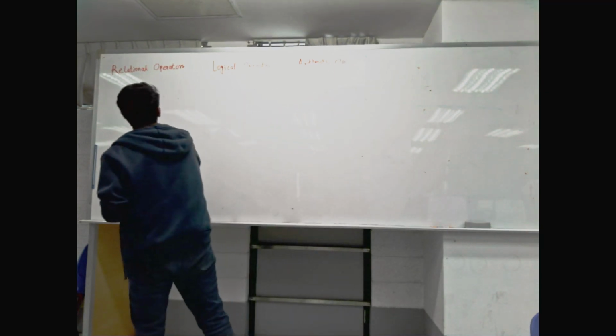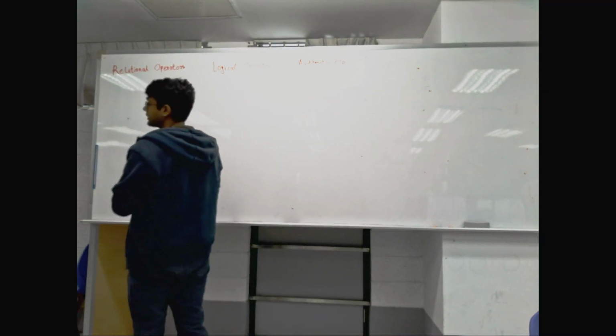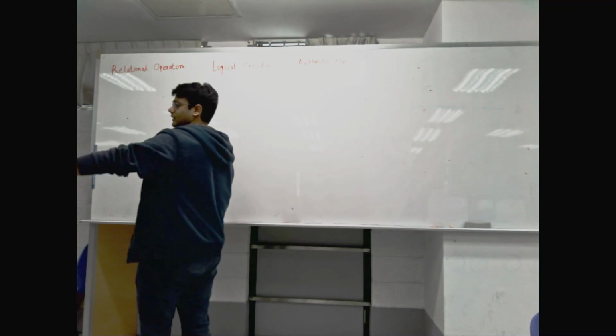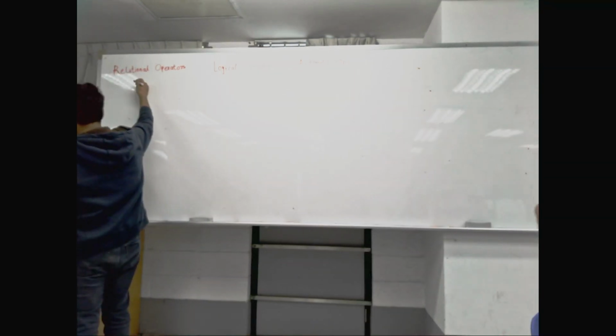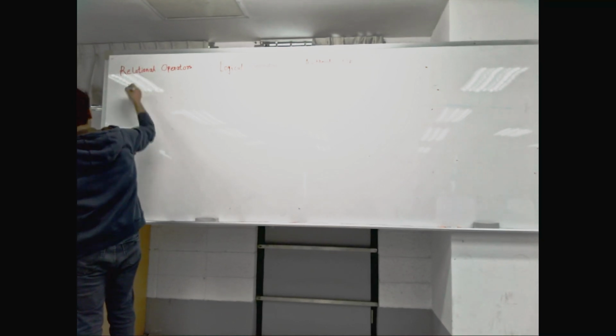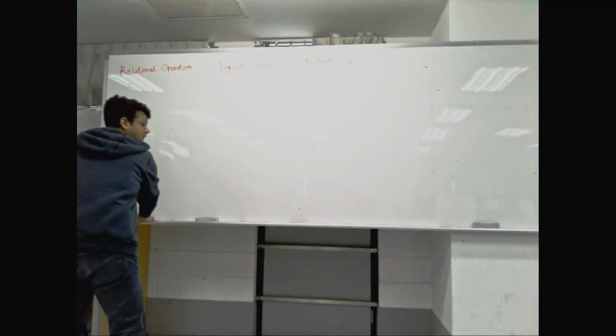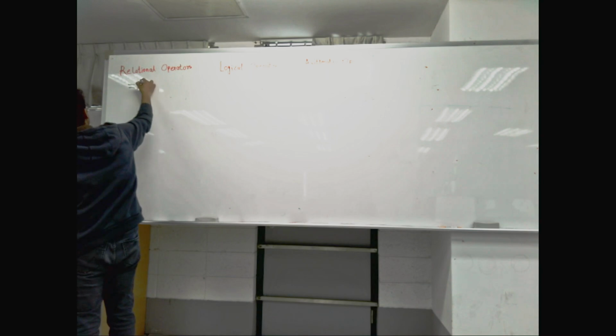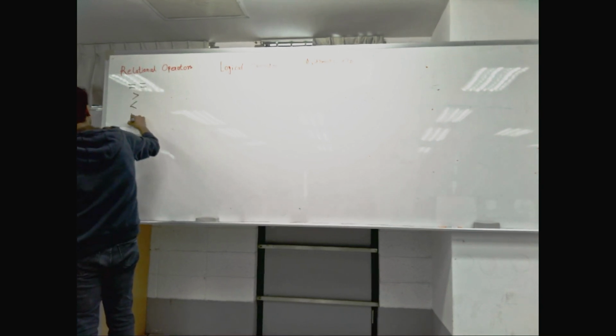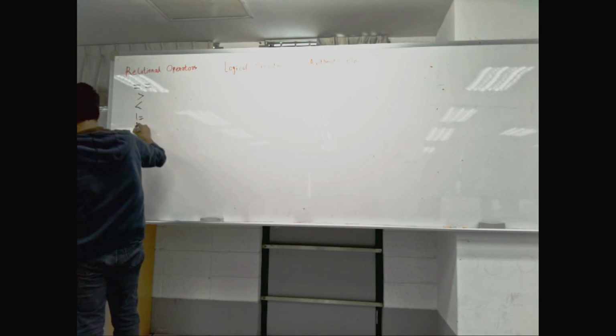So we have a lot of different kinds of operators. For relational operators, you must have seen these: equal to sign, greater than, less than, exclamation mark equal to, greater than or equal to, less than or equal to.